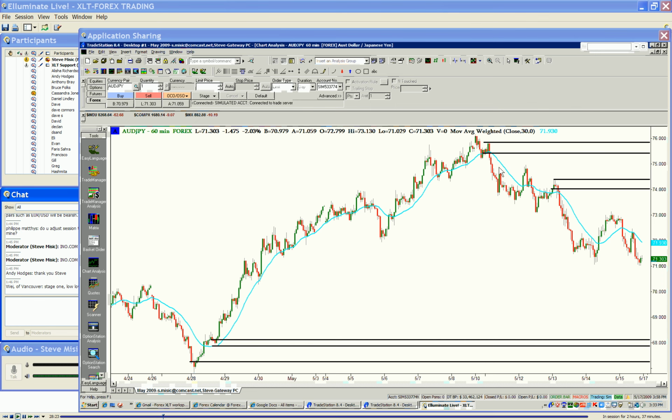All right, so we've switched over though to selling off. So we really want to look for shorting rallies on these currencies when that happens. Below 71 here, Cassandra's got some good eyes. She saw this nice little rally here. She's interested in this.